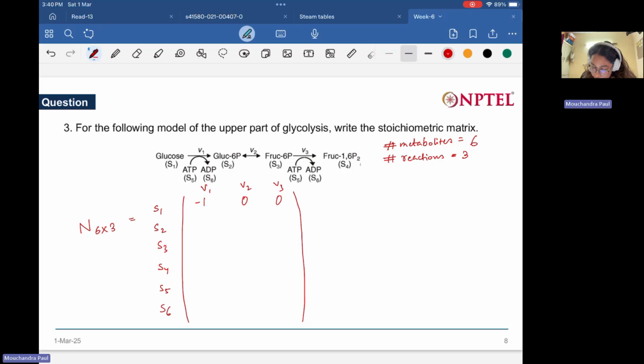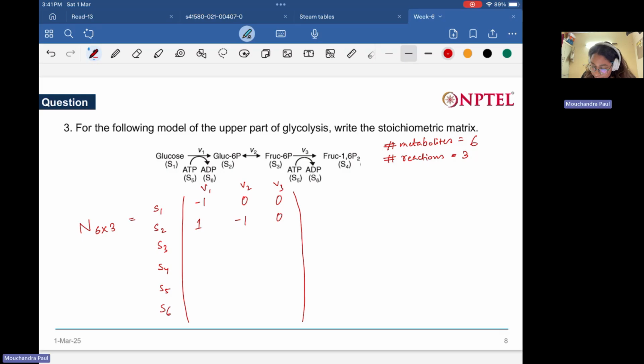Then in reaction 2 and 3, S1 is not involved. Then for metabolite 2, it is a product. S2 is a product in reaction 1, and S2 is a reactant in reaction 2, and in reaction 3, it is not at all involved.